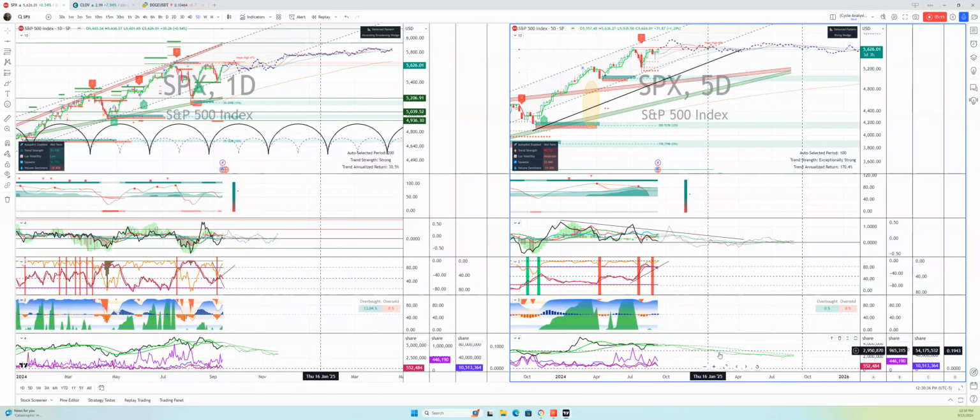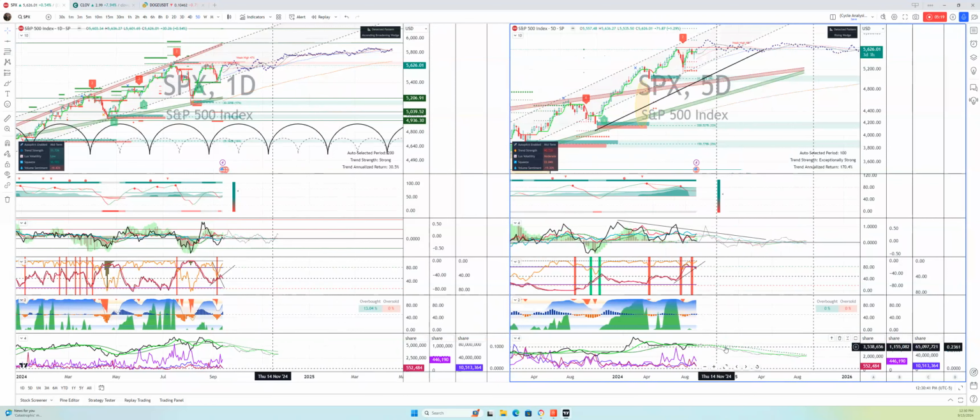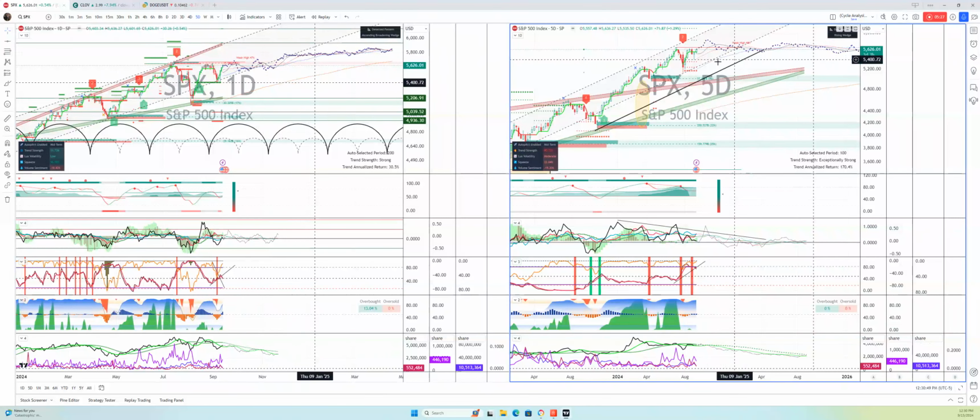So it says, the algo's future prediction says that the indicator wants to roll over, but the moving averages all are just continuing to have this upward slope to them. So as long as they're in an upward slope, that's bullish. When they go into a downward slope, that's when you become bearish.